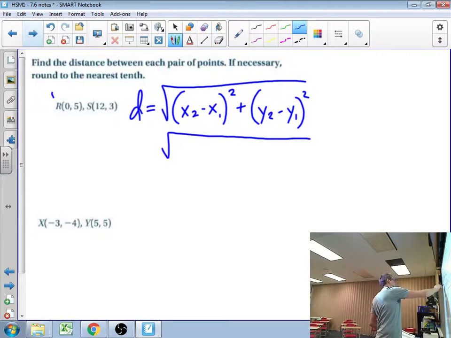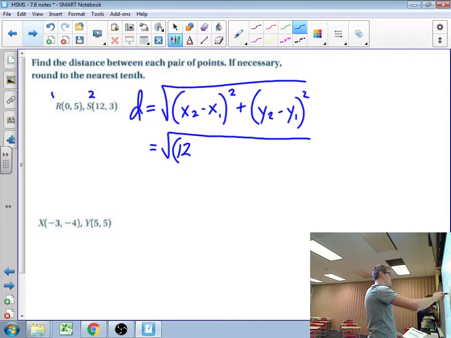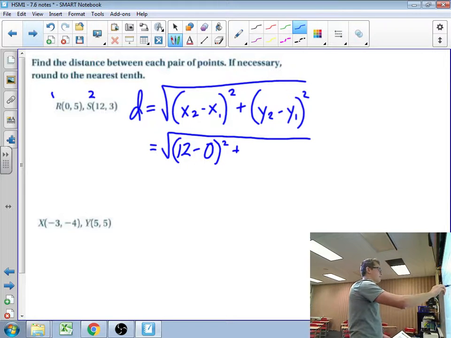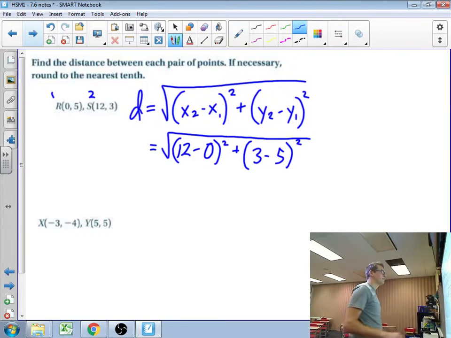So again, I'm going to assign my points. I have a 1 point and a 2 point. So my x2 is 12, my x1 is 0. That's going to be easy. My y2 was 3, and my y1 was 5. Now do not be nervous if you think we're going to get a negative number. We square the negative, it'll turn positive, and everything will work out fine for our distance.